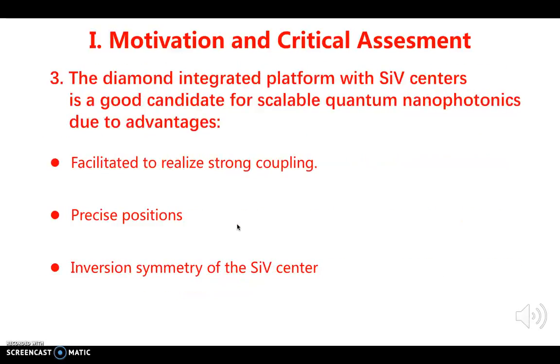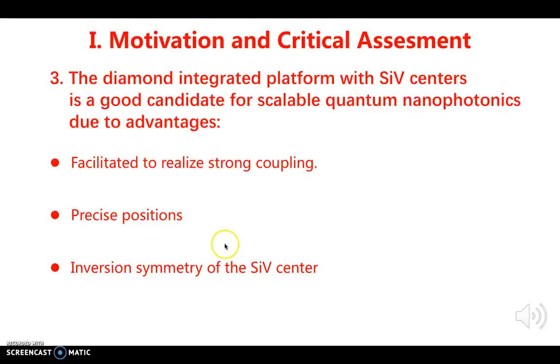Then, we were curious about what the advantages of the diamond integrated platform with silicon vacancy centers are. According to the paper, its advantages are very attractive. First, it facilitates strong coupling between single photons and the silicon vacancy centers in a diamond photonic crystal cavity.